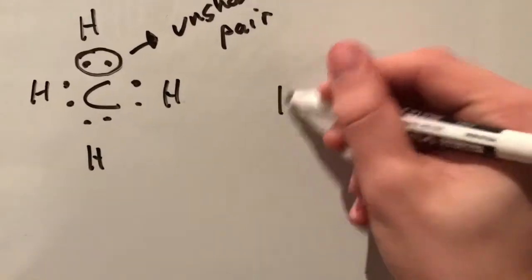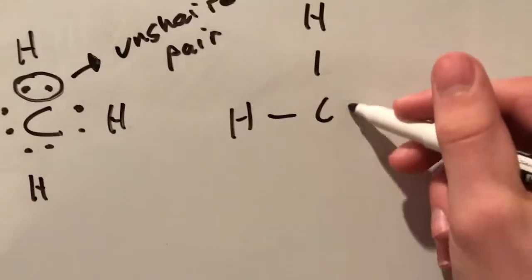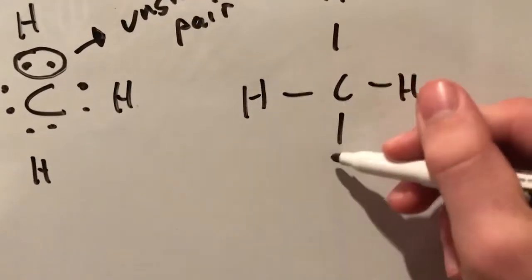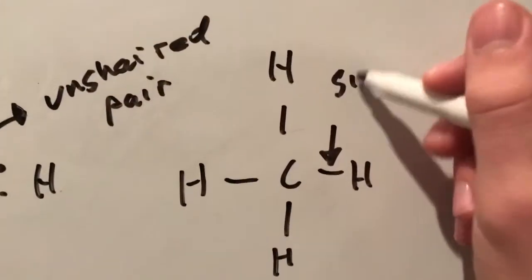And then another way you can draw this is with lines, and these represent a single covalent bond.